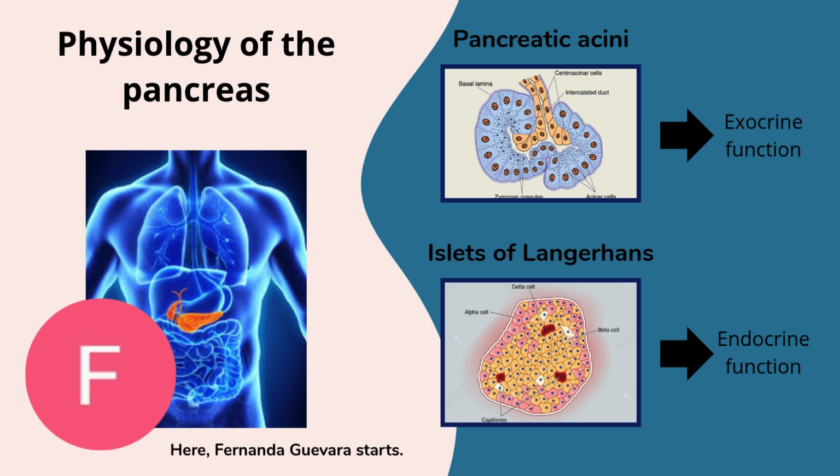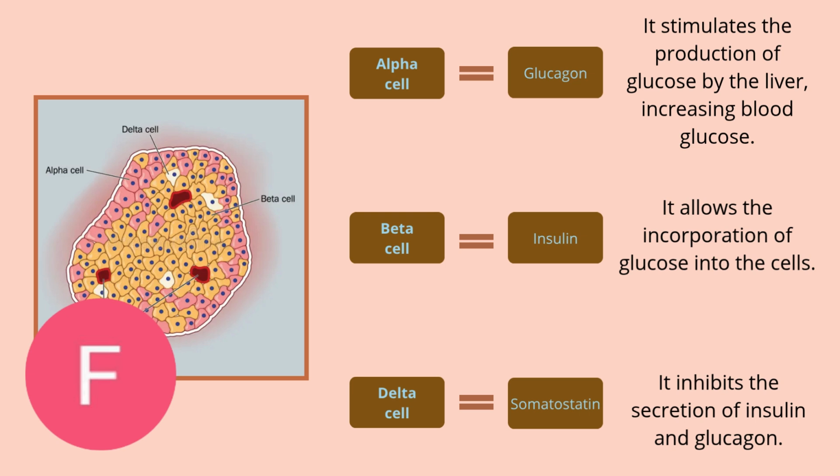This last one is the group involved in diabetes. The islets of Langerhans, in turn, are made up of alpha, beta, and delta cells.